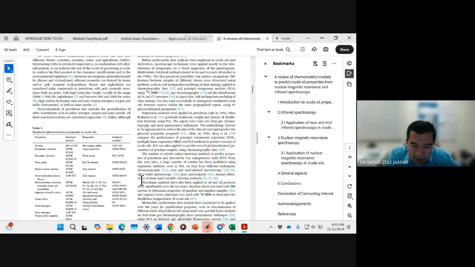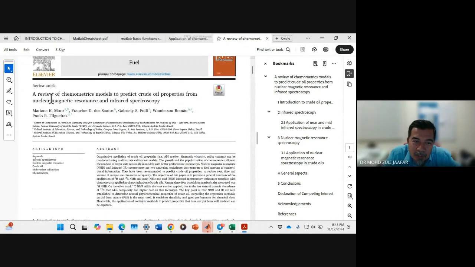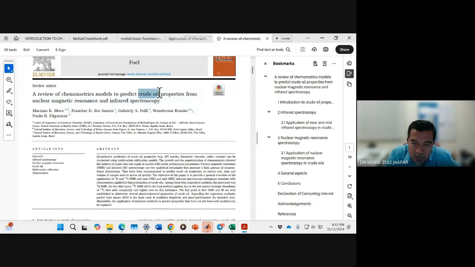Good. So we have here the sample. The sample that we are talking about in this paper is crude oil. Sorry, crude oils. Yeah, crude oil. So the properties that we are looking at is this one: API gravity, kinematic viscosity, and sulfur content.